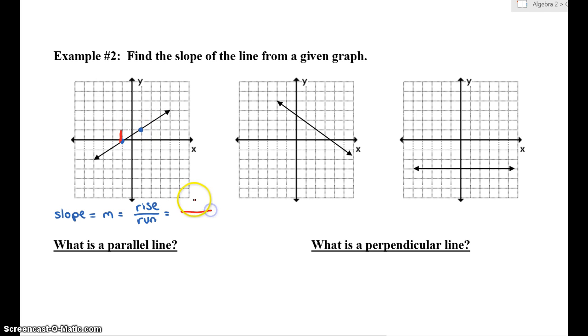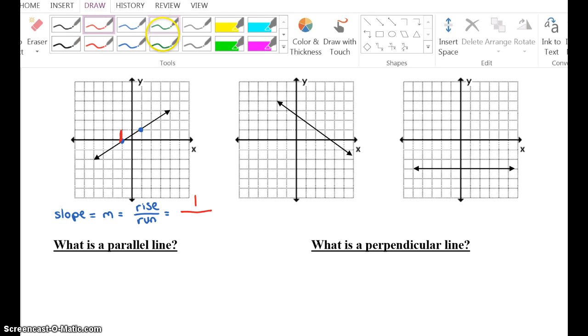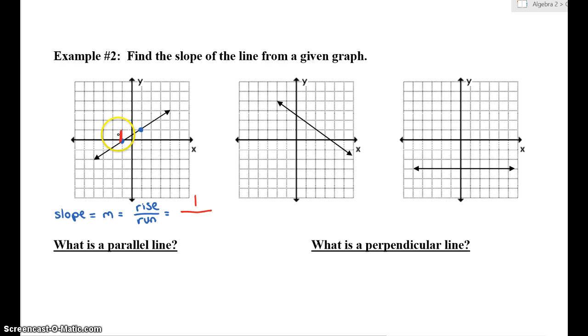Since I went up 1, it is positive 1. Now let's check out my run. My run is from that location. I would go 2 units to the right. Well, right is positive, so my run would be 2. So my rise is 1 unit up, and my run is 2 units to the right. So my slope is 1/2.